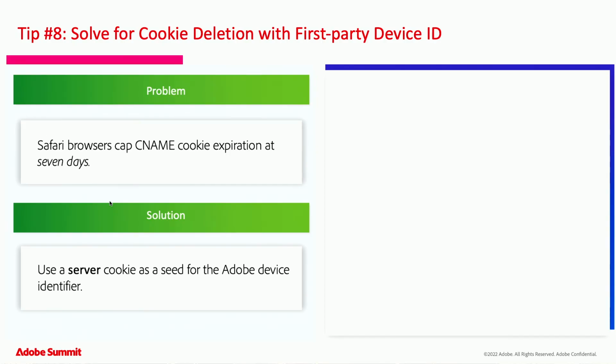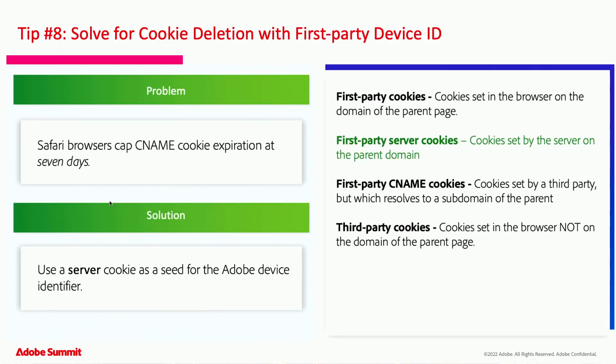So there was a day, believe it or not, when Adobe relied on third-party cookies to preserve your visitor ID between visits. It's been a long time since we did anything like that. But as I mentioned earlier, Safari currently caps the lifetime of even CNAME first-party cookies from the Adobe servers at 7 days. So this is sort of a new kind of restriction.